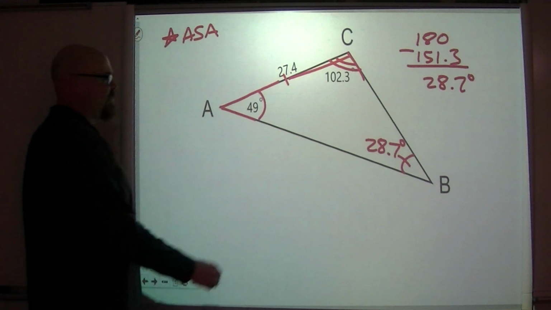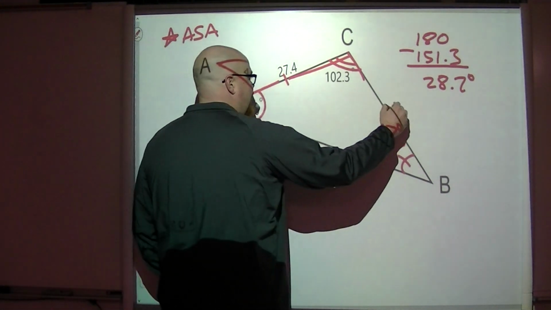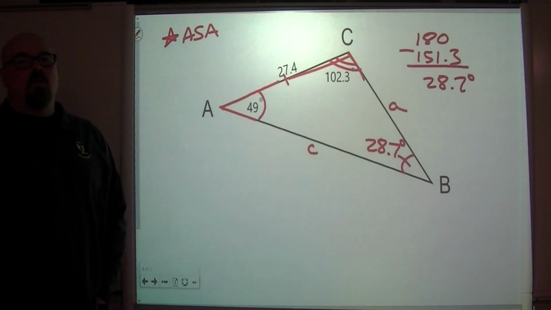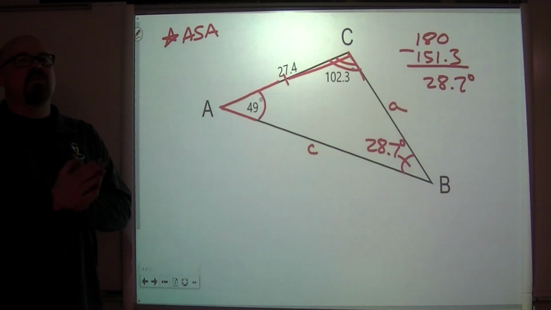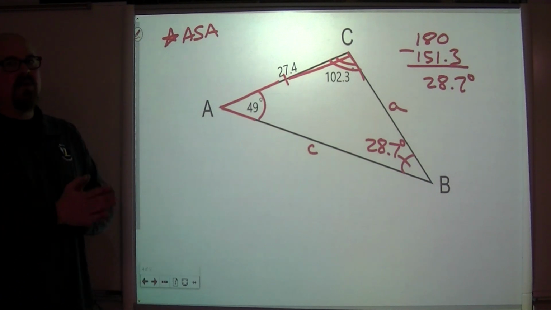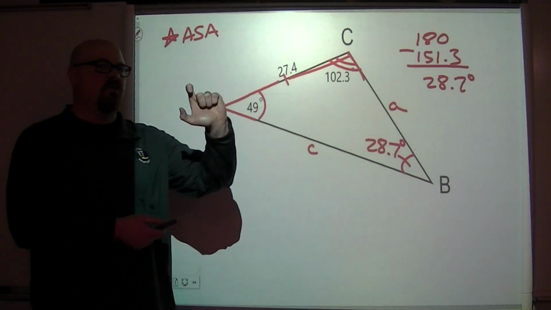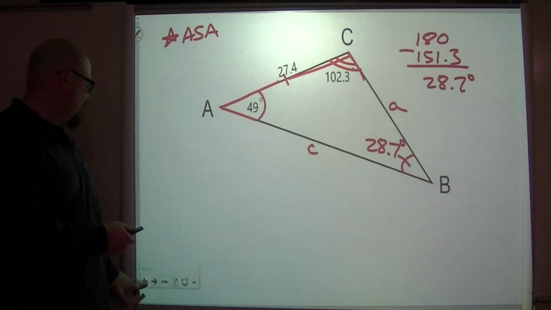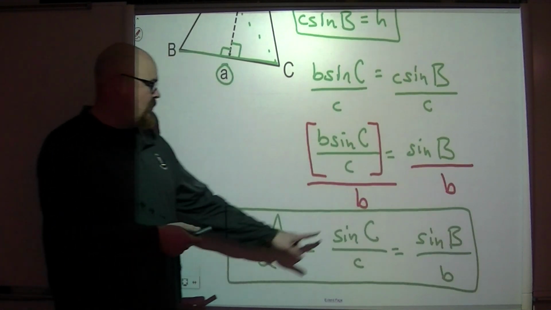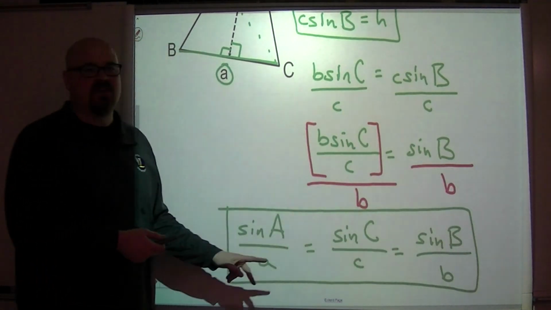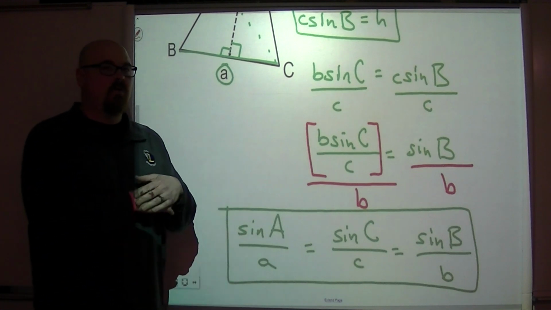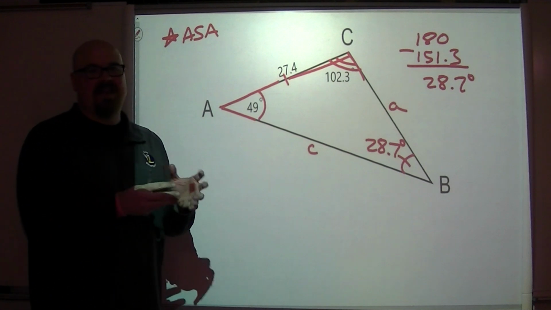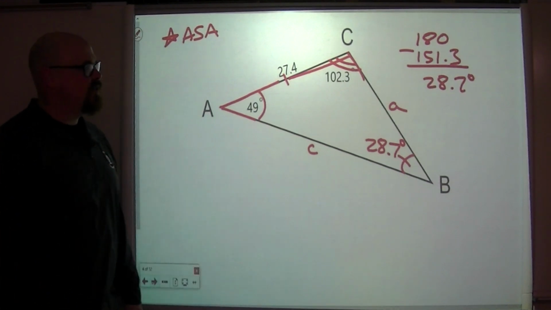Okay, if we label the rest of what we don't know, we'll call this C, we'll call this A. Now with this information, what you need in order to use the law of sines is an entire ratio. You can't have a missing piece from each one of these. One of these three ratios needs to be complete with no variables. And that's the linchpin, that's the most important piece to solve using the law of sines.